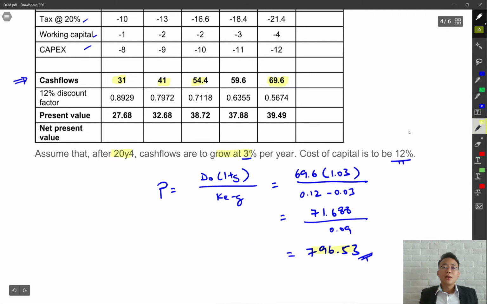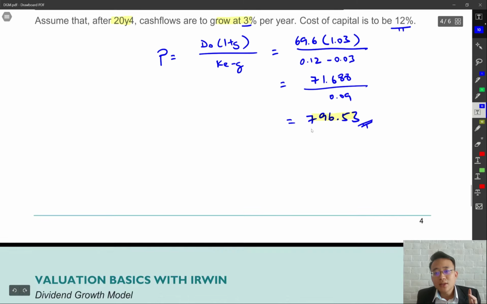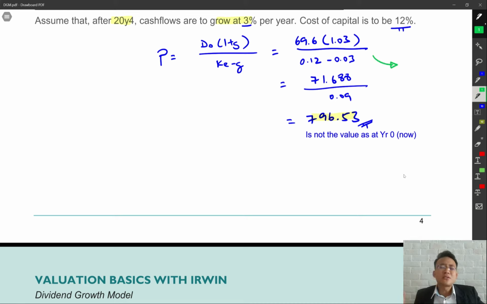Now, there is one thing about this formula that you need to know. Okay? This 796.53 is not the value as at year 0, or it is not the value as at now. Your formula is not that smart, honestly. Alright? It's just a simple formula. It's mechanical. It doesn't know what goes in. It just gives you an answer.